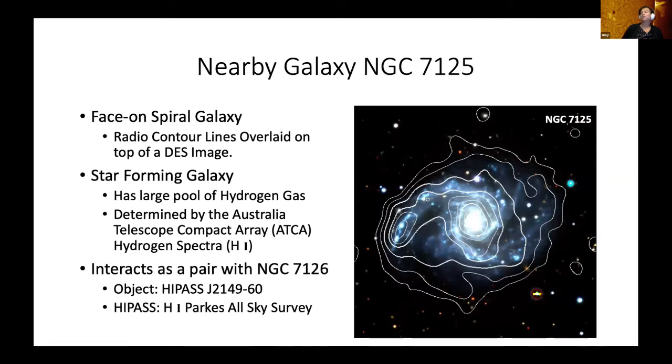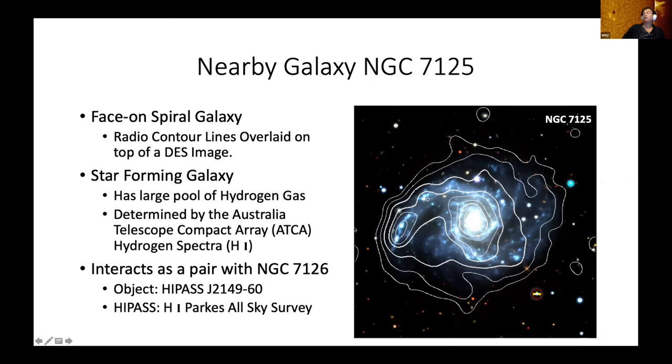And this is just an example of a star-forming galaxy. It's a composite of the Parkes All-Sky Survey and HI spectra that was obtained from the Australian Compact Array.